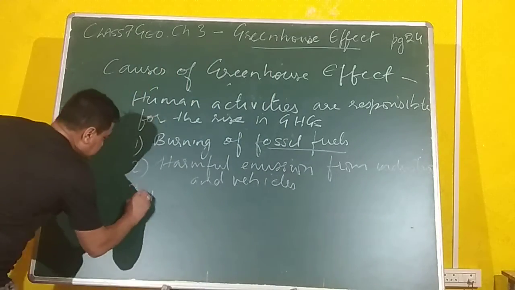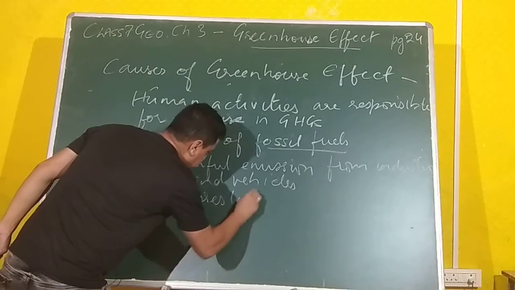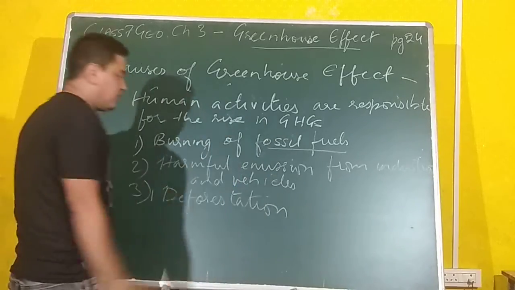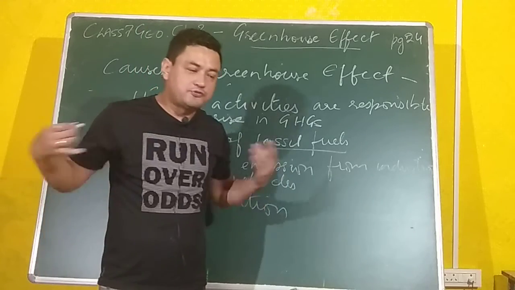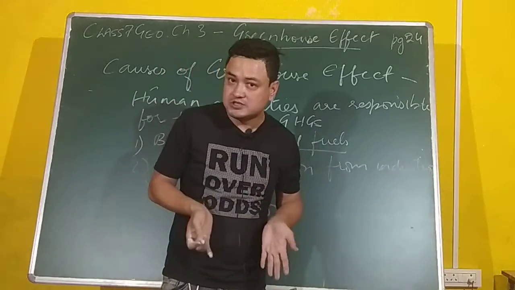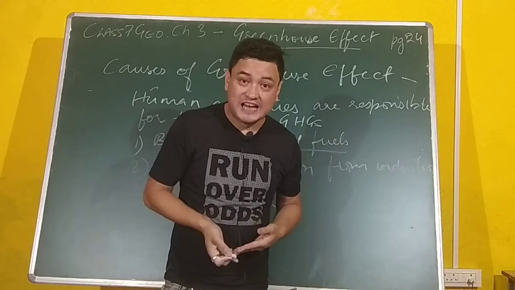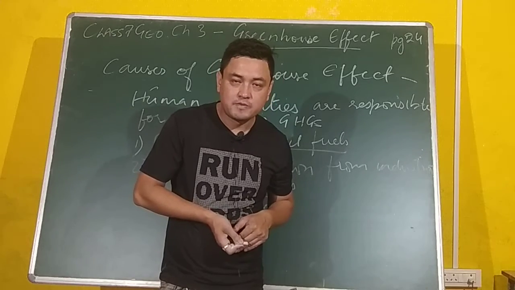The third one is deforestation. Deforestation means cutting down of trees in a particular area. Now, trees basically absorb what? Carbon dioxide. It does not absorb oxygen. But if the trees are cut down, what happens?